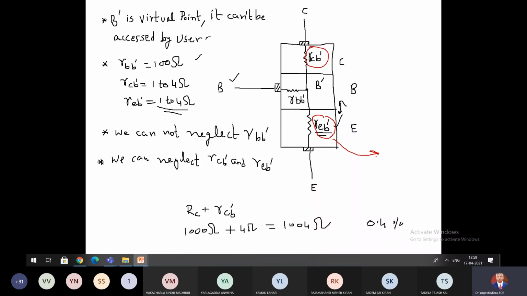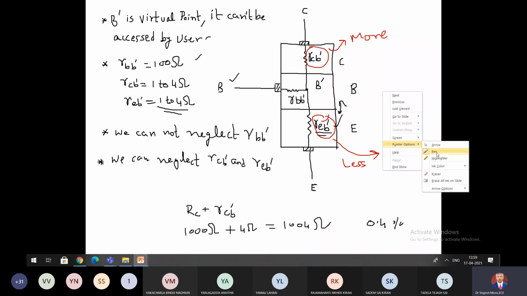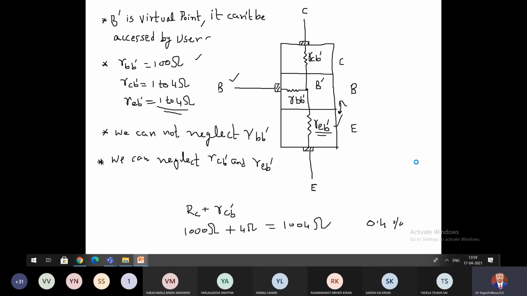This is at the emitter side. Since the doping in the emitter is more, this resistance is less. Its value will be less. And doping in collector is less, so this resistance is more. So RB'E is having a small value and RB'C is having a higher value.